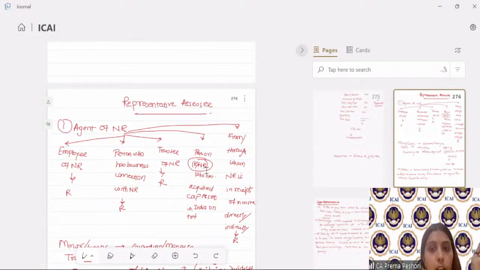So where there is a bona fide transaction taking place through a broker acting for another broker who is a non-resident, the Indian broker cannot be treated as an agent of the non-resident. Is that clear? And the person whom the AO treats as an agent of a non-resident will get an opportunity of being heard. Any doubt till now?